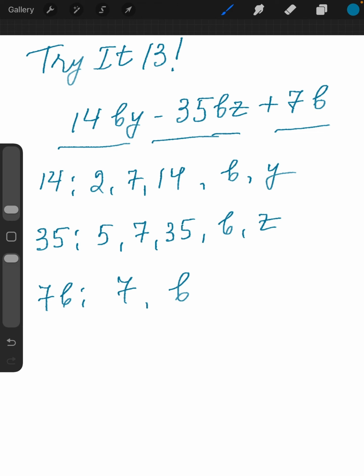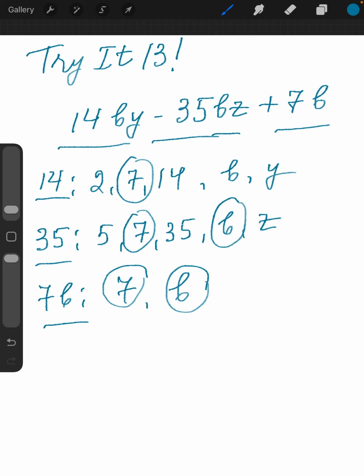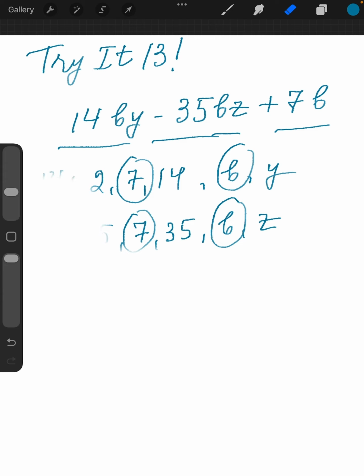Okay, looking back at these three, we can see that their greatest common factor is 7, but also they all have this variable b in common, right? So why don't we take out 7b? Kind of want to show it to you a little more visually. So let's try this. Okay, here we go.